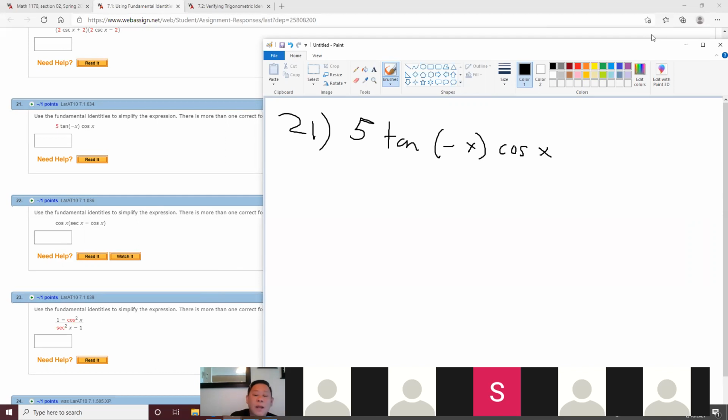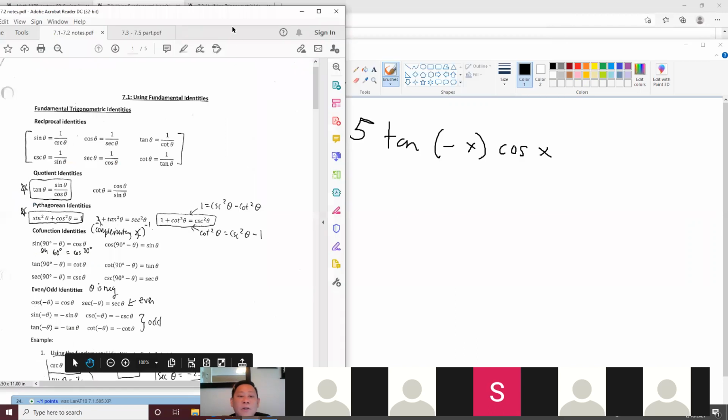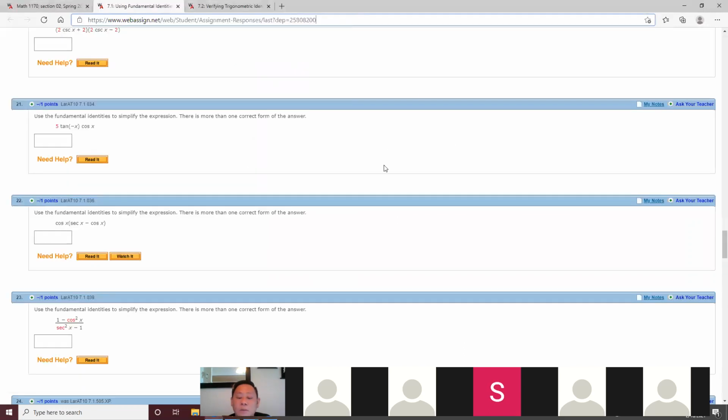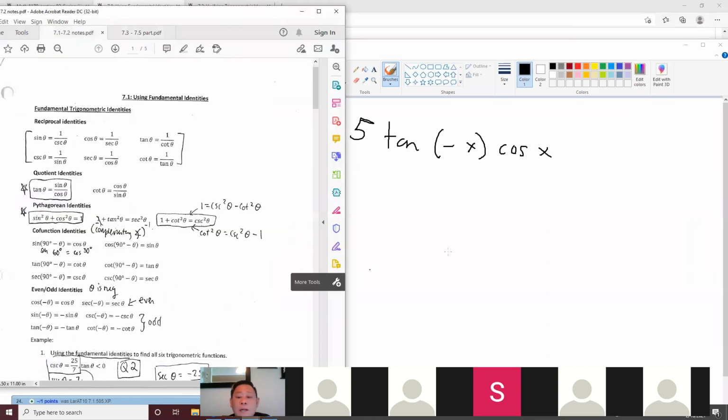Next, what can you do with the identity in this case? First thing first, which identity can you apply here? Which identity can you apply for this question? Anyone?